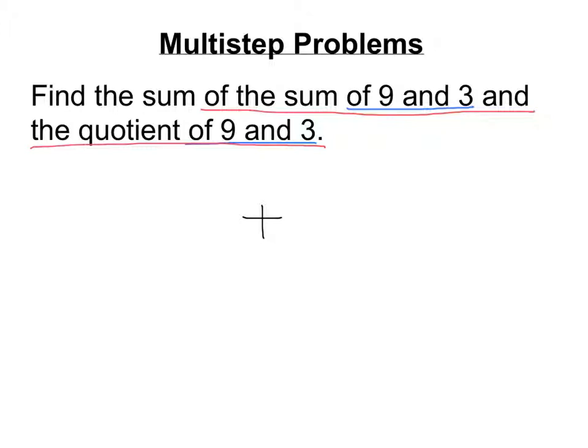I'm adding the sum and the quotient. So, I'm going to have a sum and a quotient. Well, the sum of what? The sum of 9 and 3. And the quotient of what? Well, the quotient of 9 and 3.